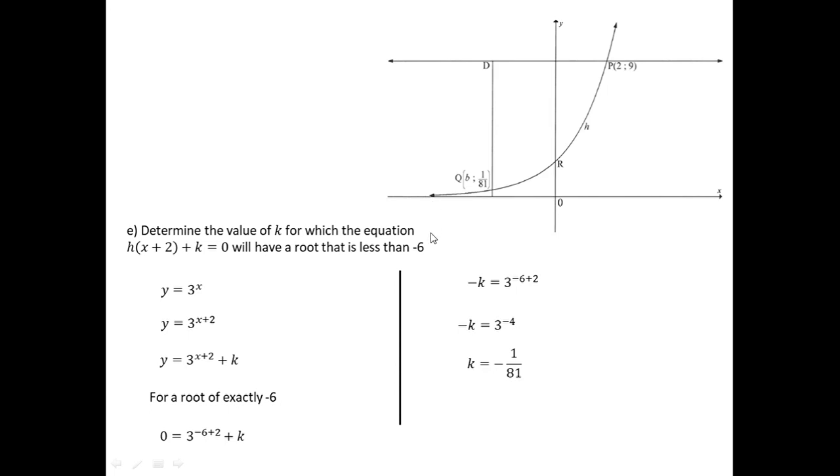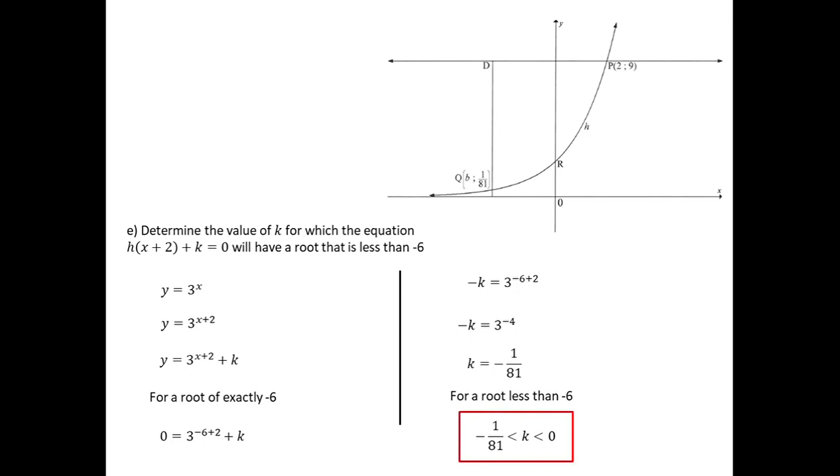So my k has to be somewhere bigger than -1/81, but less than 0. So for a root less than -6, my k has to be bigger than -1/81, but less than 0. That was a little bit tricky.